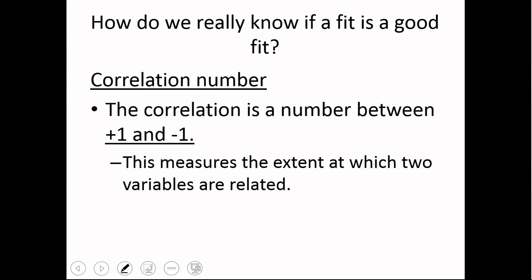Okay, so the last thing we want to do is, how do we really know if it's a good fit? So far, we haven't used any statistics. We've just been using our eye, and it's always good to go with your statistic, let your data do the correcting for you. That's where we go with this correlation number. The correlation number is the extent to which the two variables are related.